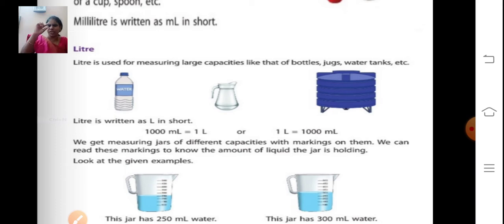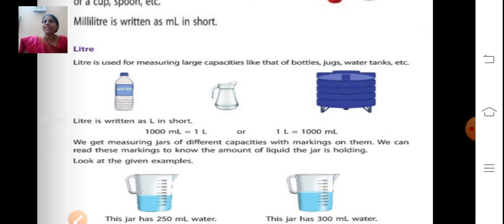So we cannot measure with milliliter, so we use liter. If it holds a large quantity, then we use liters.